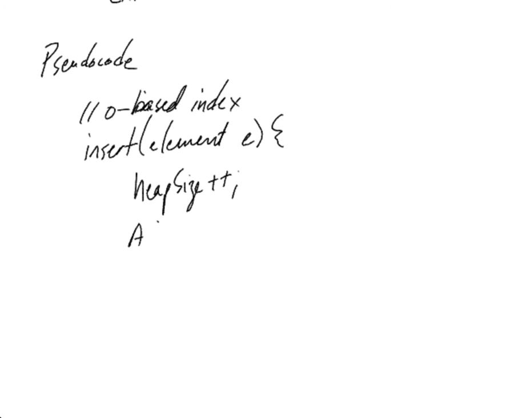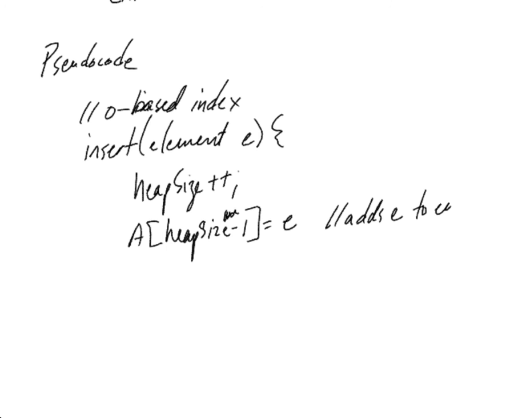Then I will set the element at heap size - 1 to E. So this adds E to the end. Now the data structure is probably not a heap anymore, because the element E probably does not obey the max heap property.